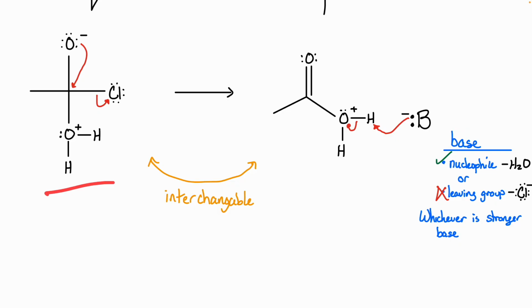Either one of these steps I would accept first. There's some good reason to believe that with our acyl halides in particular, you have tetrahedral collapse first before that deprotonation step, but that's not always the case here.